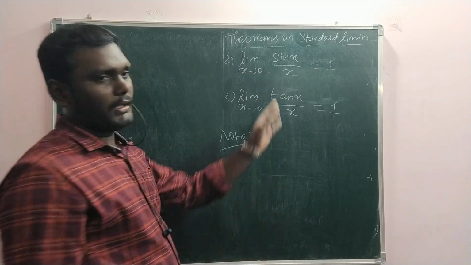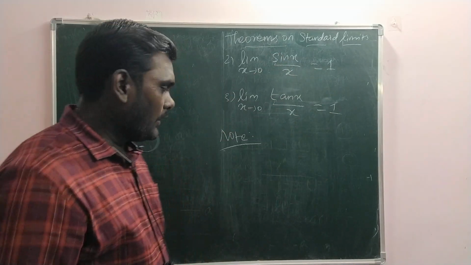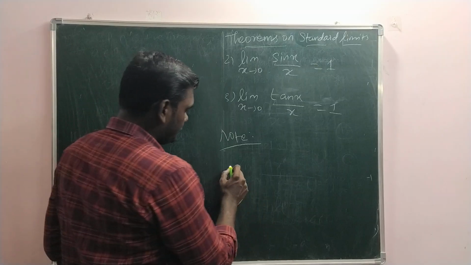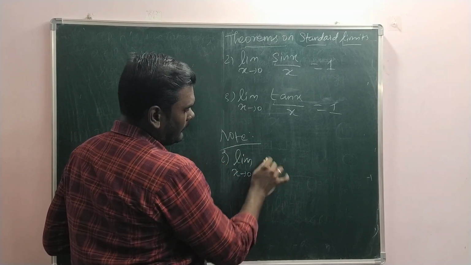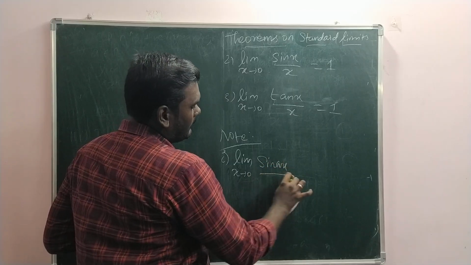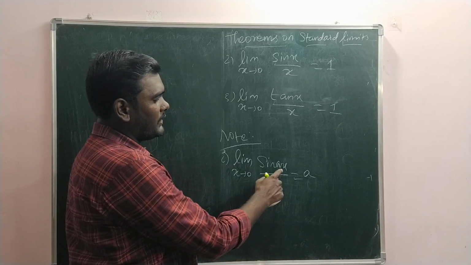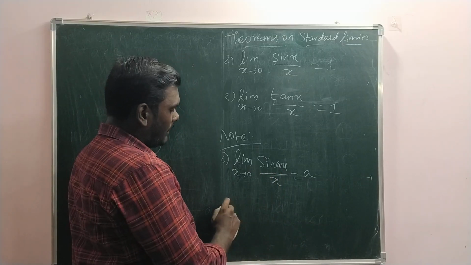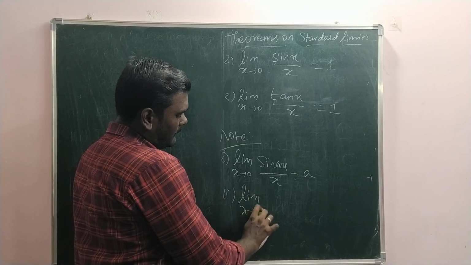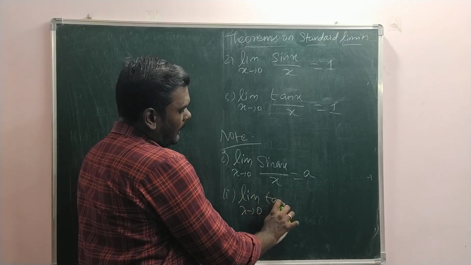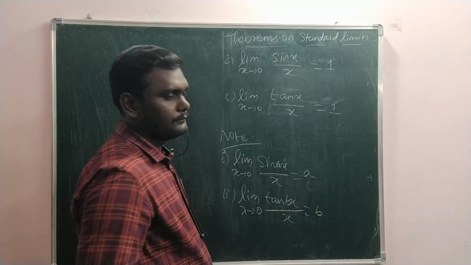Here also, for the same reason, you can use L'Hopital's rule, differentiate numerator and denominator, and you get the answer. The note is limit x tends to 0, sin ax by x will be equal to a, the coefficient of x. In the same way, limit x tends to 0, tan bx by x is equal to b.